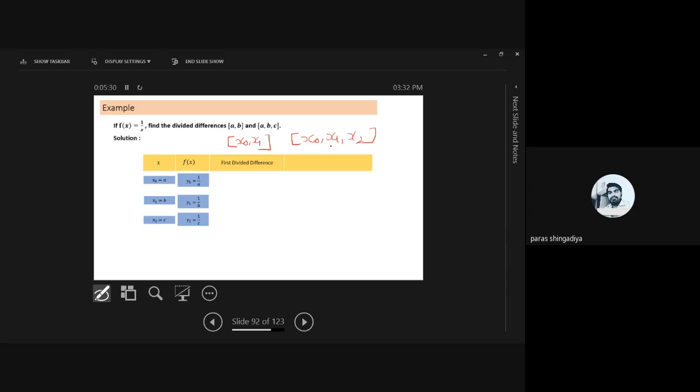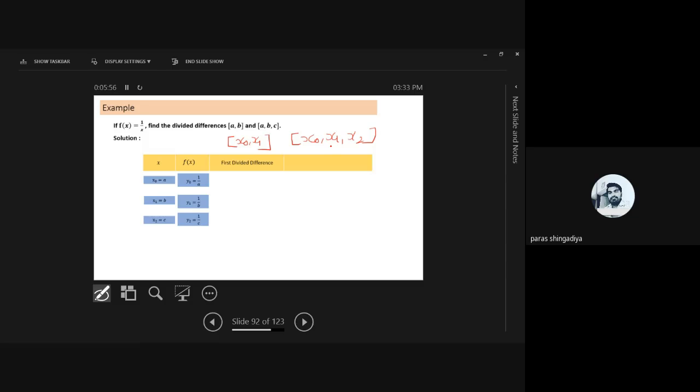So first we will consider the input values. How many input values do we have? Three input values are given: one is a, the second one is b, and the third one is c. Three input values are given in this question, and we have to find the Newton divided difference. Divided difference means Newton divided difference only. There is only one case we have.